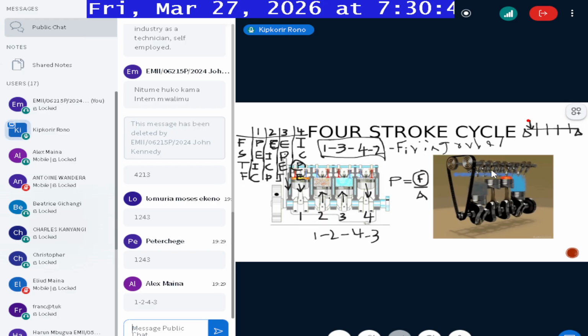So this is the F here. We assume that F, if it is placed on the first cylinder, the next force cannot be on just the next cylinder, and then the third one, and then the fourth one. Assuming that this is a beam, then this beam here is the crankshaft.